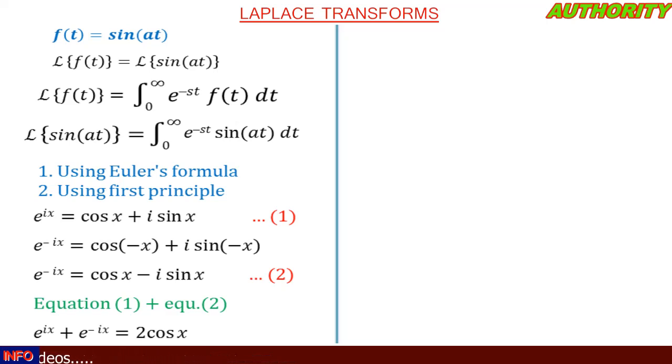Making cos x the subject, cos x is equal to e raised to the power of ix plus e raised to the power of minus ix, all over 2.